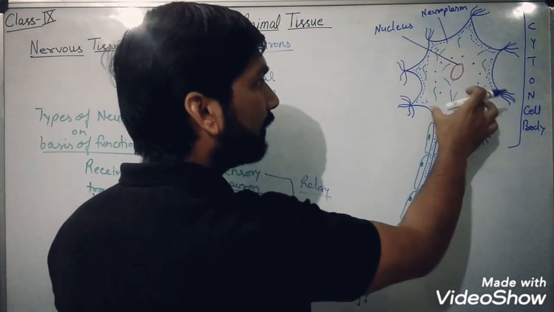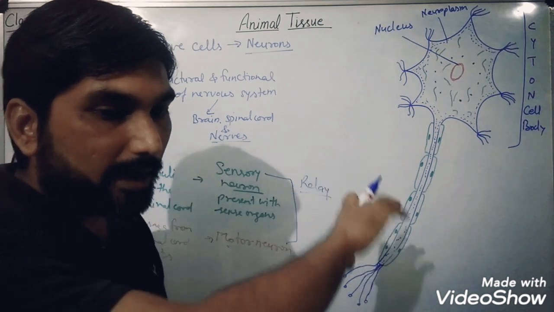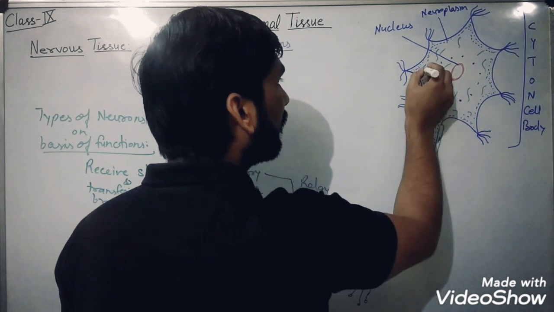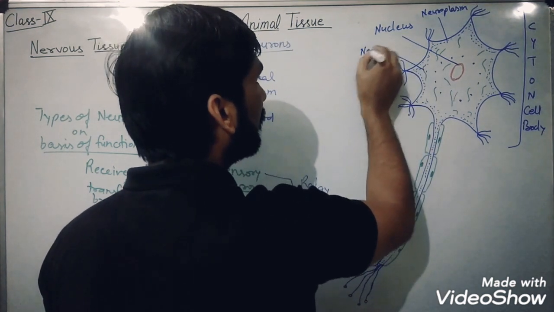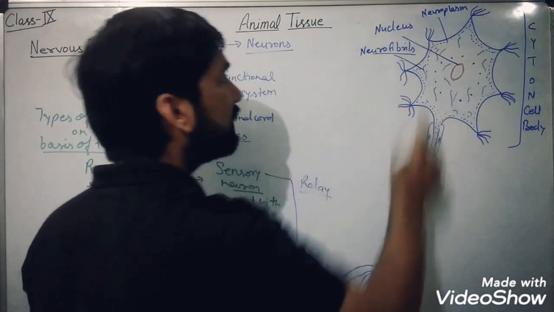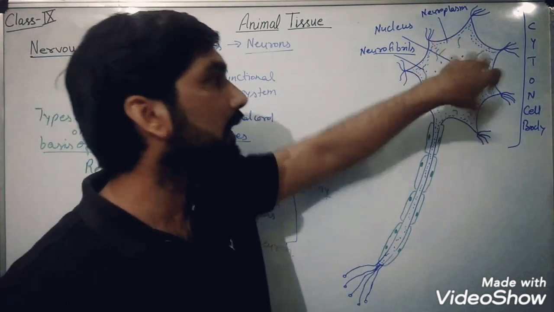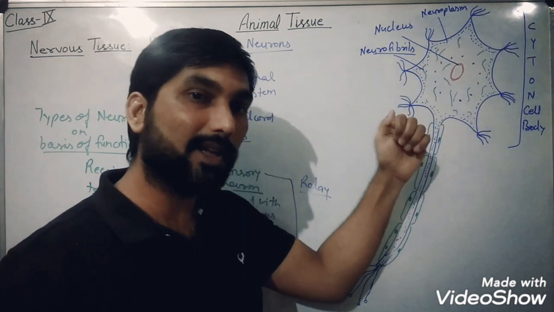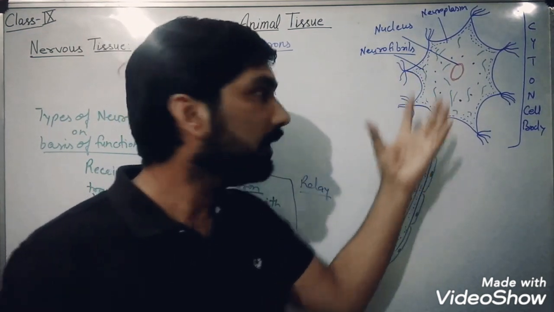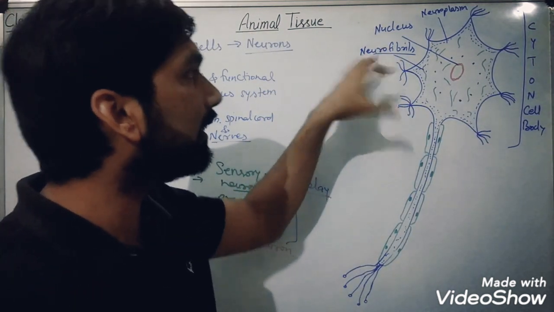Perhaps you can observe some fibrous structures in the nerve cell or cyton body, and these fibrous structures are known as neurofibrils. These structures provide a framework in the cyton, and they are also responsible for the rapid conduction of nerve impulses. Whatever messages come into the neurons or nerve cells, they transfer them rapidly.